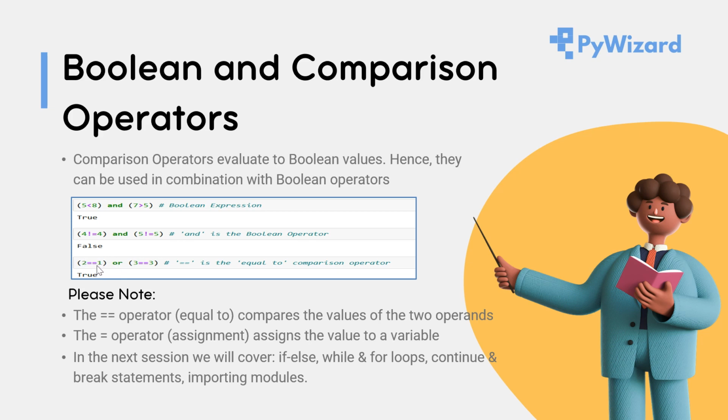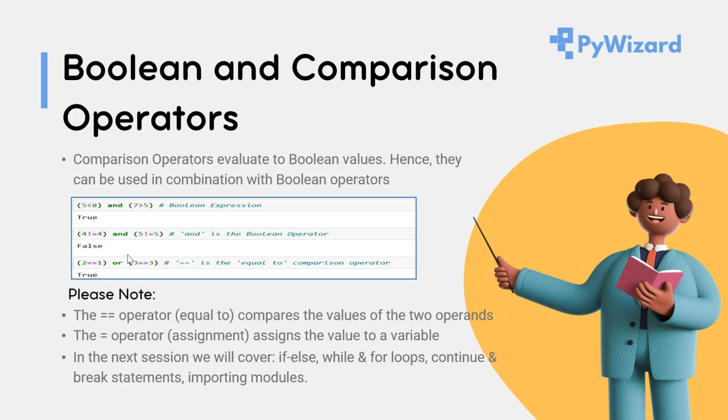Again, 2 is equal to 1 is false, or 3 is equal to 3 is true. But in an OR expression, if one value evaluates to true, then it will evaluate to true based upon the logic that I had shown earlier. So this expression basically evaluates to true.